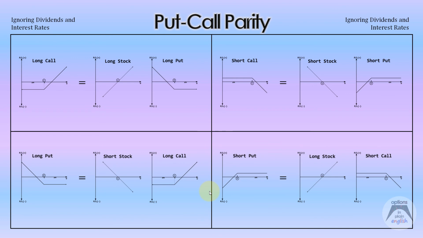Okay. Another example, if you have a position that's called what people call a married put, which is long stock and then protected by buying a long put, you can tell that person, okay, you can just buy a call. That's the same thing.